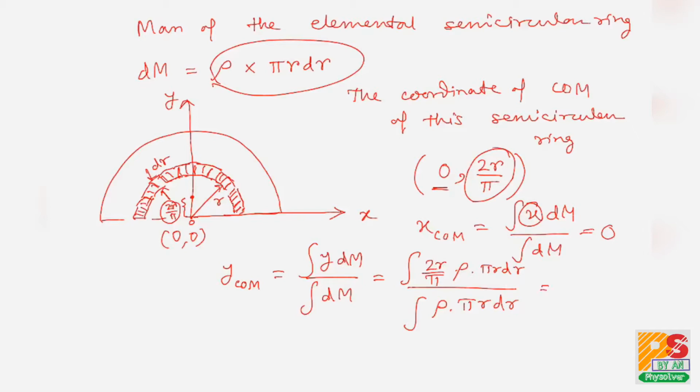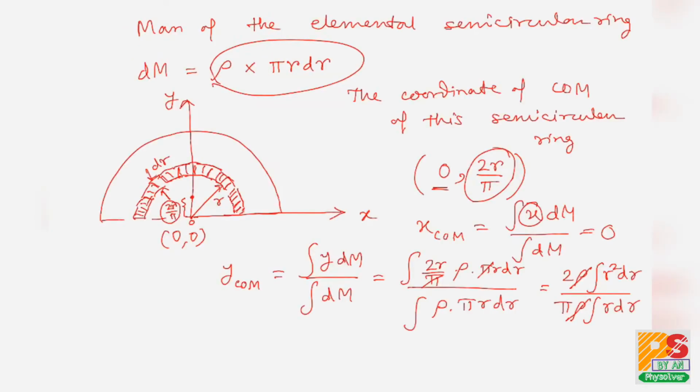See here 2 rho is constant, integration r squared dr, and here pi rho is constant, integration r dr, rho cancels. So y com is 2 by pi integration r squared dr divided by integration r dr, right or wrong?